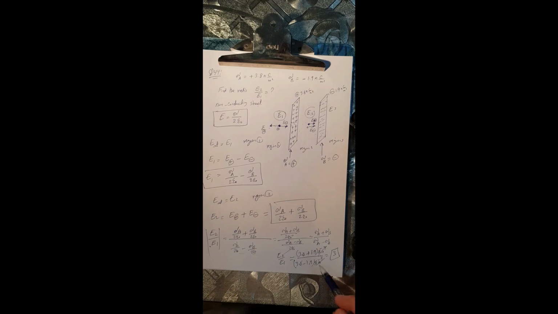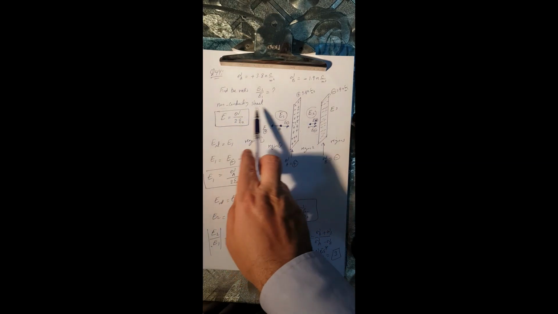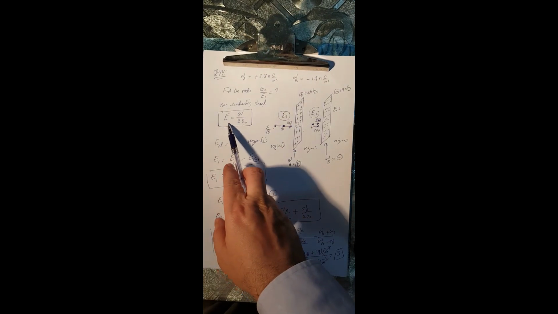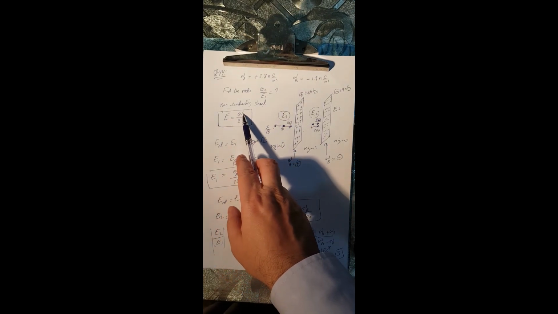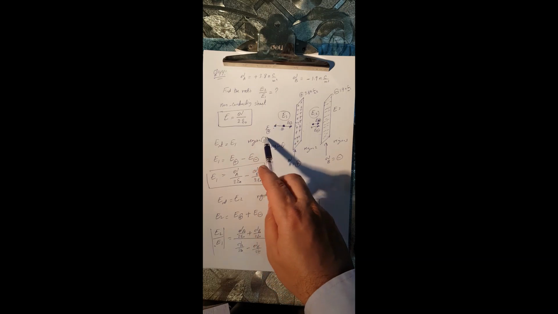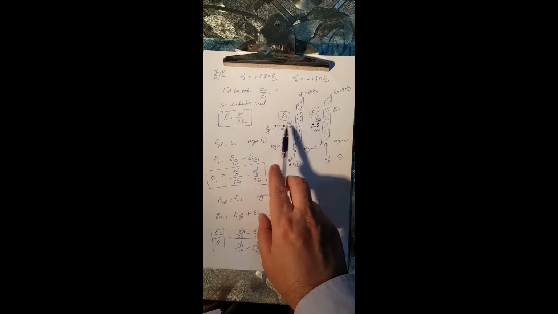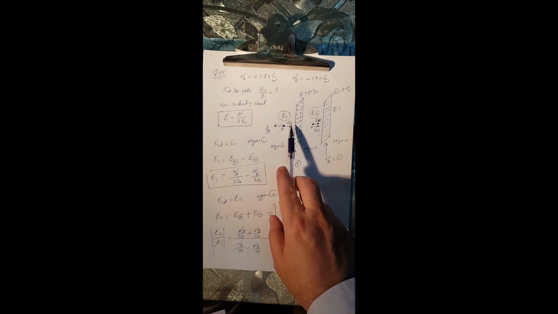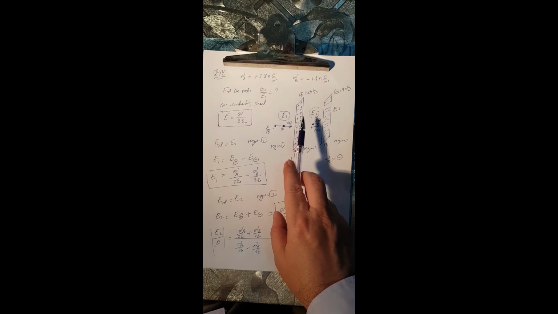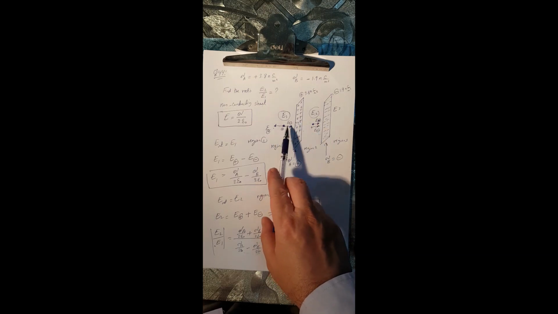Okay. So this is how you solve this. Just pay attention to what I said. A non-conducting sheet has a constant electric field, and it's always equal to sigma over 2 epsilon naught. It's a constant. It doesn't change with distance away. So we find the electric field here by finding the effect of this sheet and the effect of this sheet, and they are opposite.